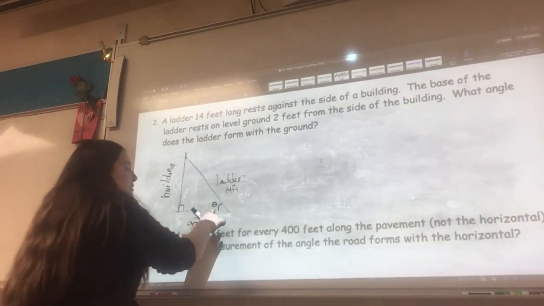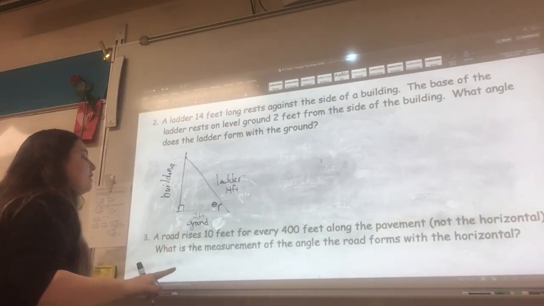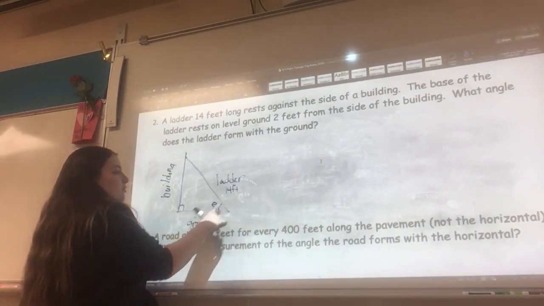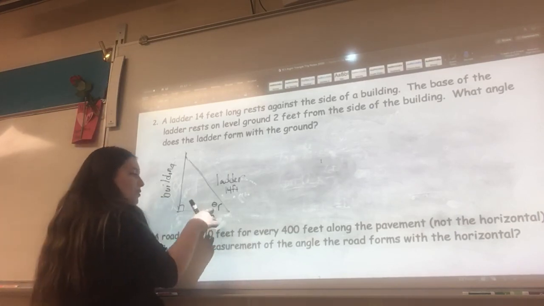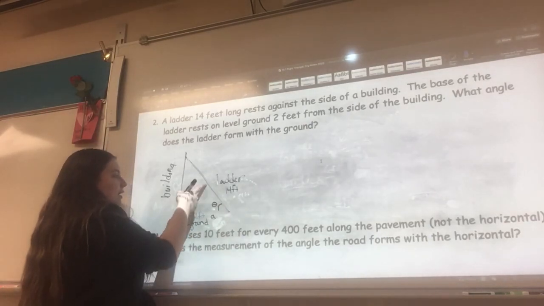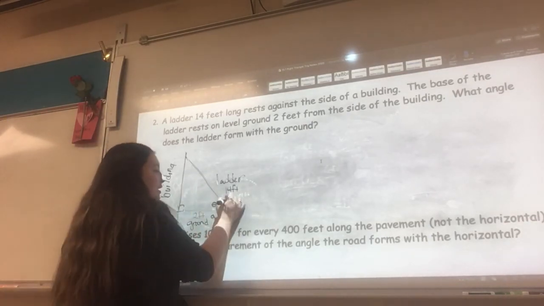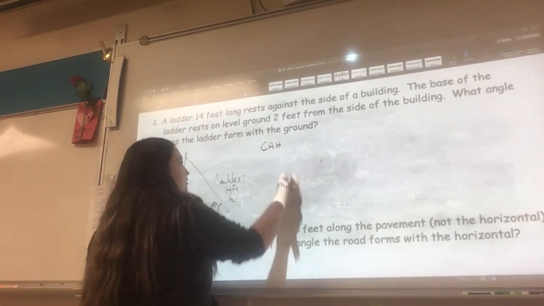Okay, so we're looking for this theta, meaning we can still use either sine, cosine, or tangent based off the given information. So we've been given 2 feet and 14 feet. This 2 feet is adjacent to our theta, and this 14 is our hypotenuse, because if you remember, hypotenuse is right across the way from a 90-degree angle. So we have AH, which is the CAH of SOHCAHTOA.